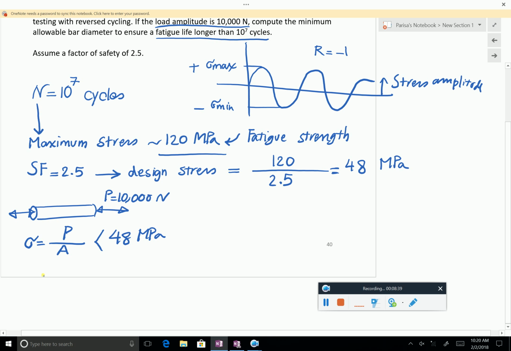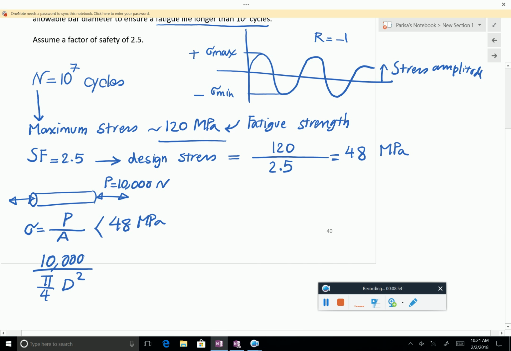So this is 10,000 over... this is the area written in terms of diameter, less than 48 megapascal. It is useful to know that megapascal is the same as Newton per millimeter squared.